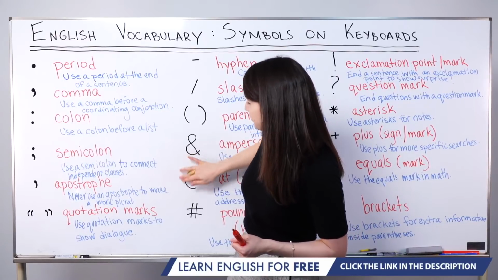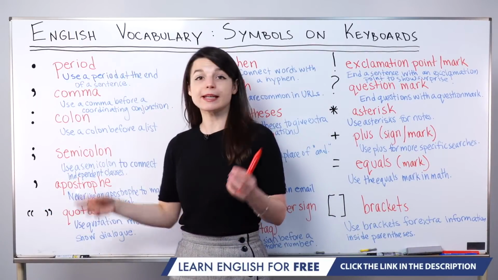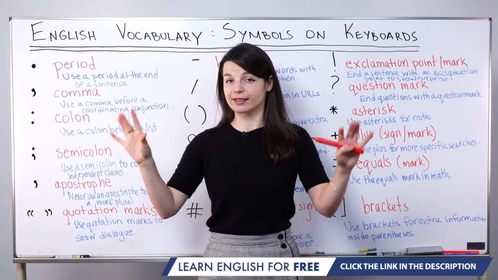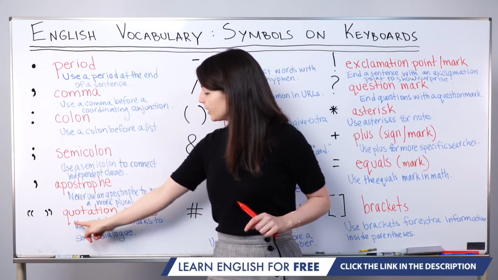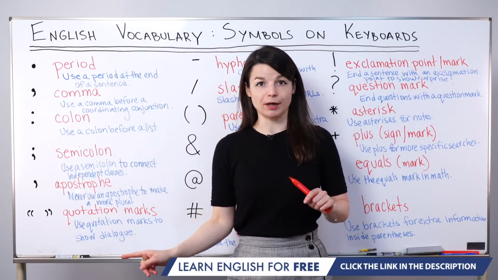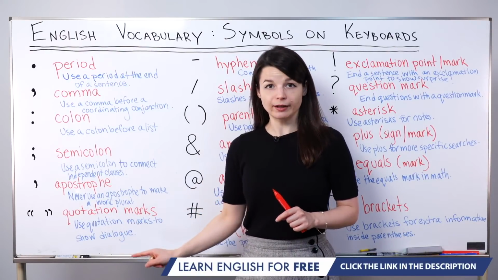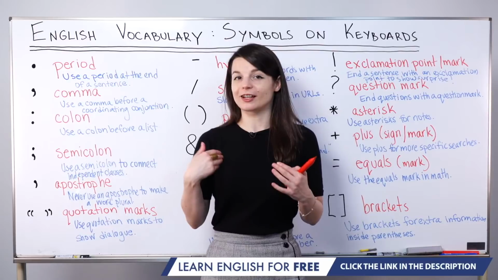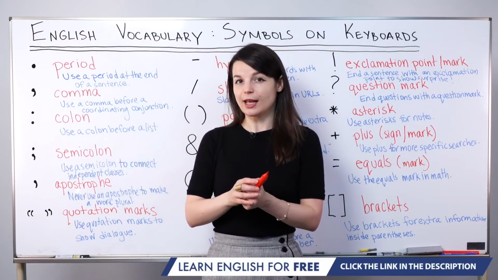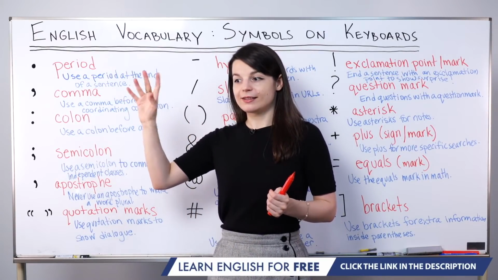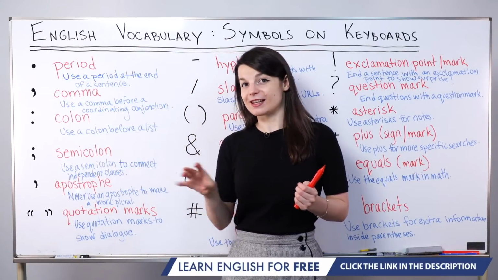The next mark comes in a pair. That means there's a set. These are called quotation marks. So use quotation marks to show dialogue. Dialogue is, for example, when you're reading a story and character A says something, character B says something.